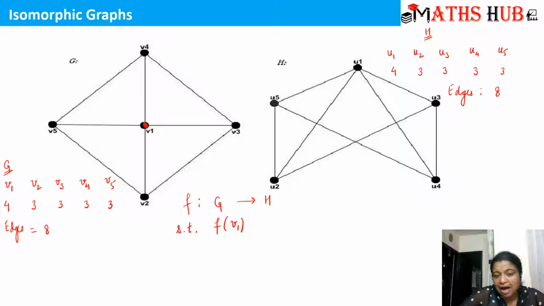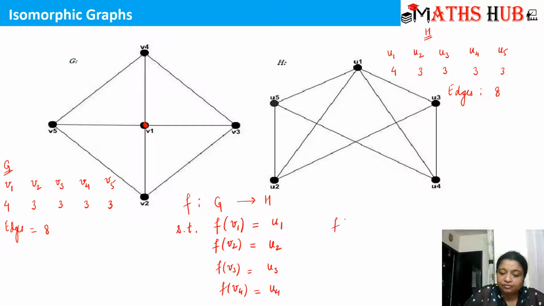So it will be mapped to the U1 vertex. Now the rest of the vertices have the same degree, so you can map F of V2 to U2, F of V3 to U3, F of V4 to U4 and F of V5 to U5, right?